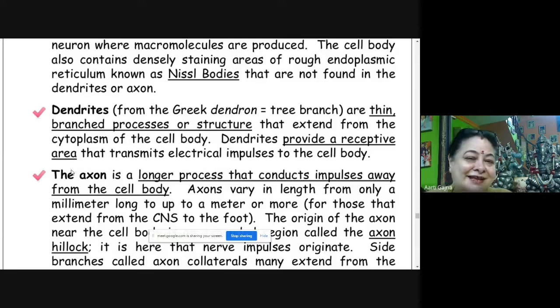They don't have language. Their language is the electric impulse. So they communicate with each other in the form of electrical impulses. These impulses are received by the dendrites, and then they are transmitted to the cell body. So dendrites are receiving the information and passing it to the cell body.